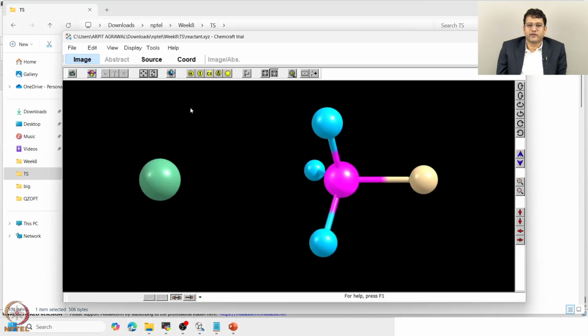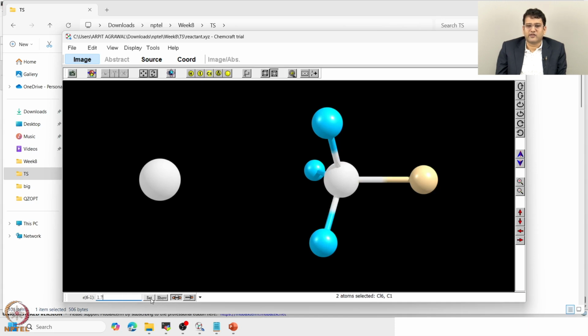So this is my reactant. Now I will use this one to make the product, because as we have discussed, the reactant and product should have the similar atom number. So now I will add a bond between this one, and I will make the distance like 1.7. Something like 1.7 was there for the product.